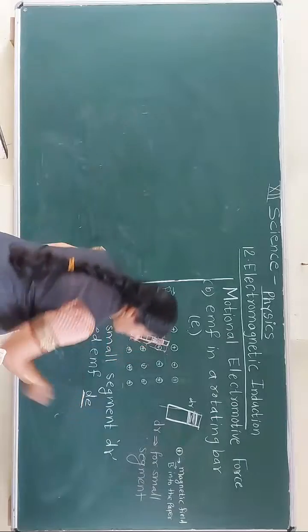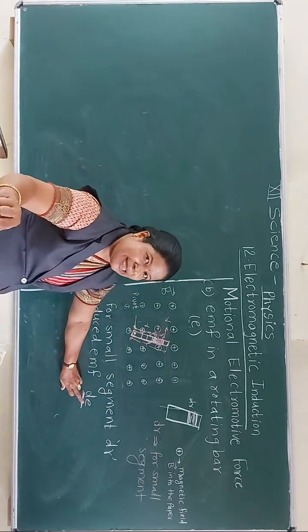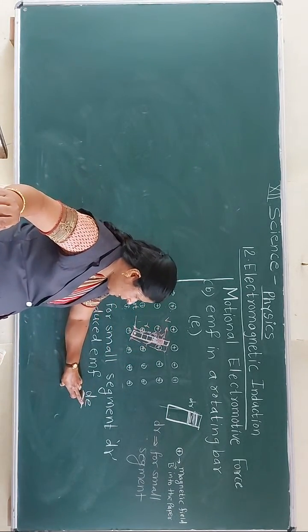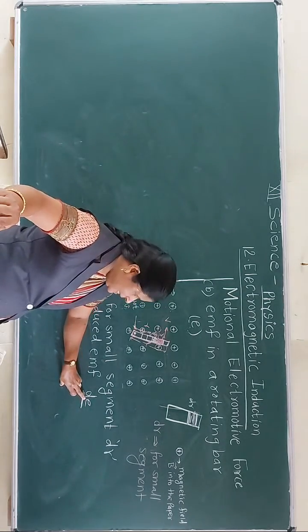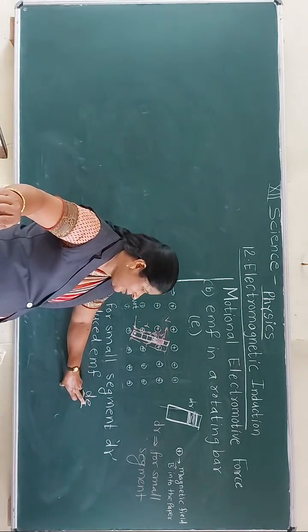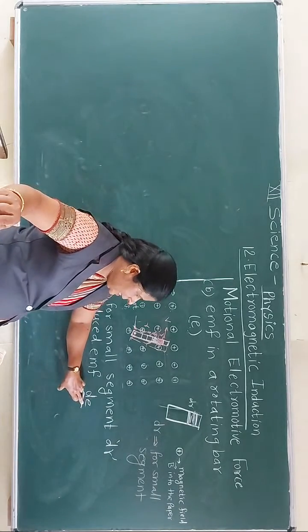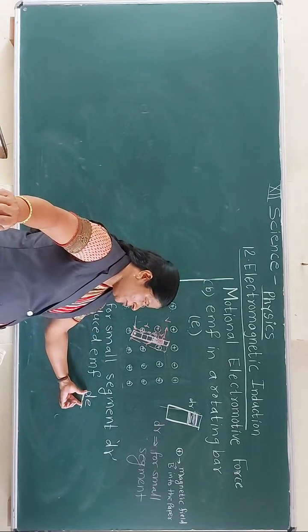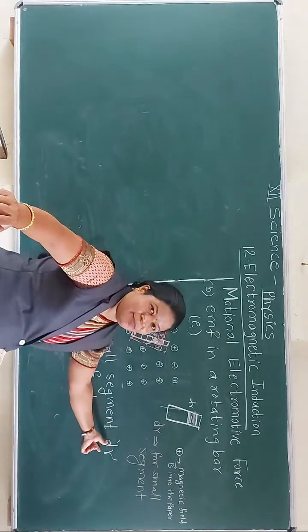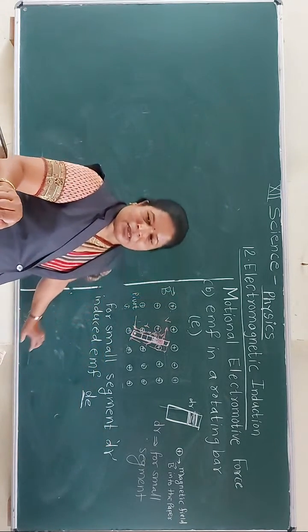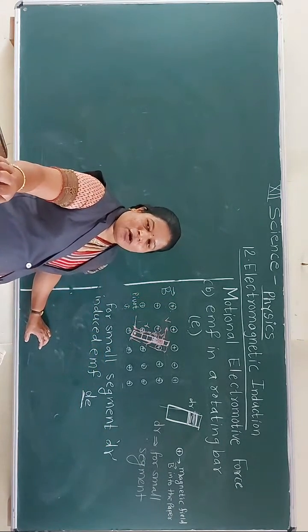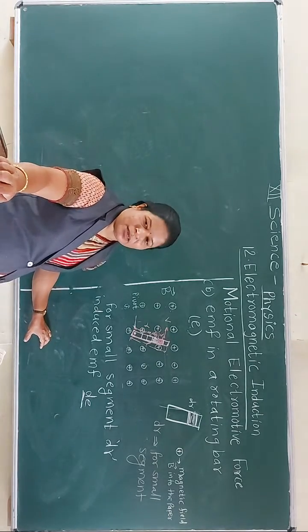For a small displacement, the induced EMF is also small: E for induced EMF and dE, the smallest induced EMF for the segment dr of the rotating conductor.